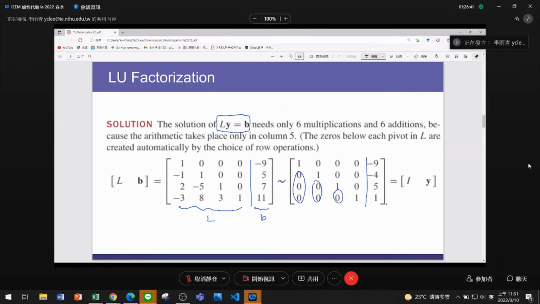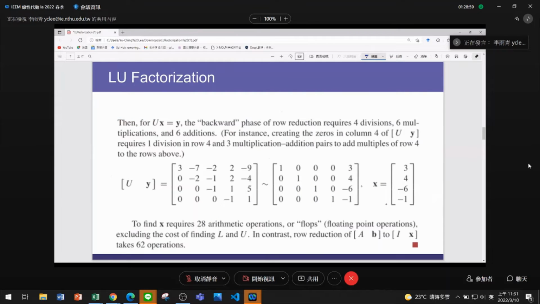This result gives us the value of y: this column, -9, -4, 5, and 1.